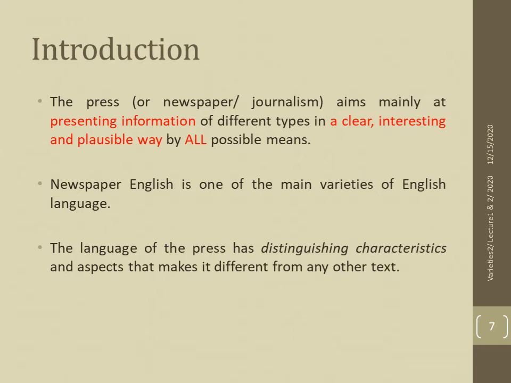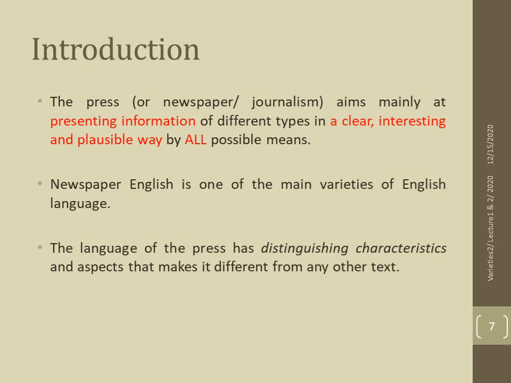Given that, journalists strive to write articles that have wide appeal and can be easily understood. Remember that one of the obvious characteristics of newspaper text is short sentences and paragraphs, which are intended to make the article easy to read and understand.